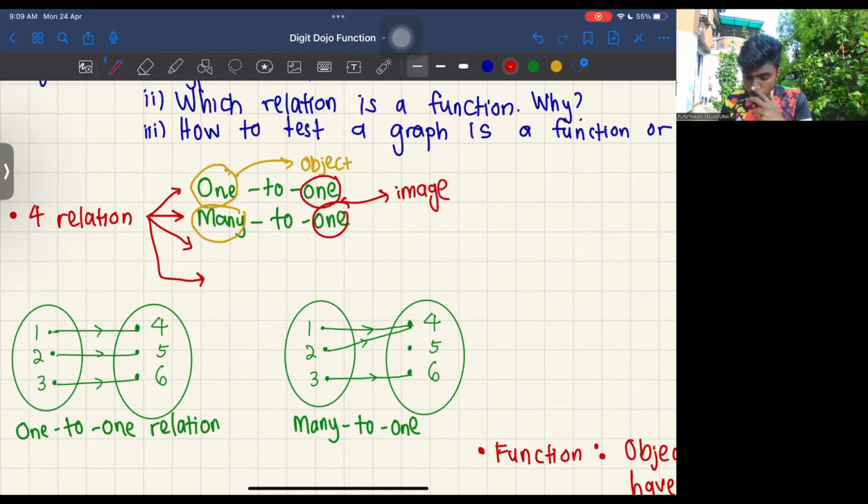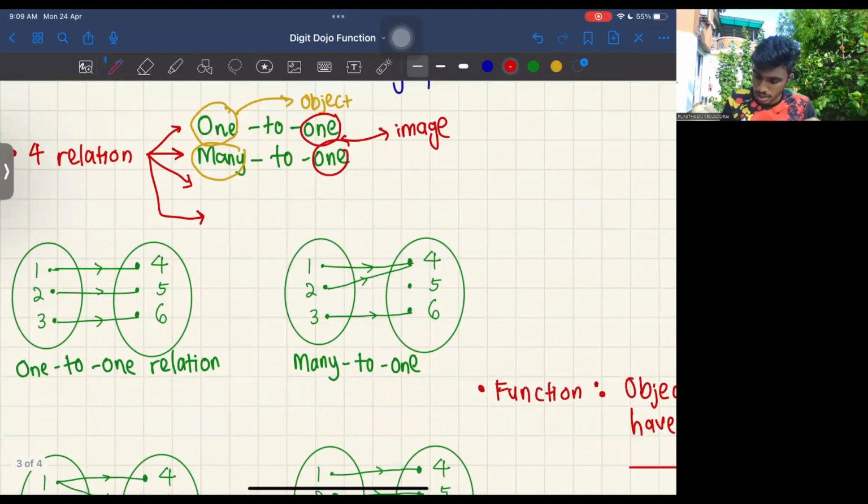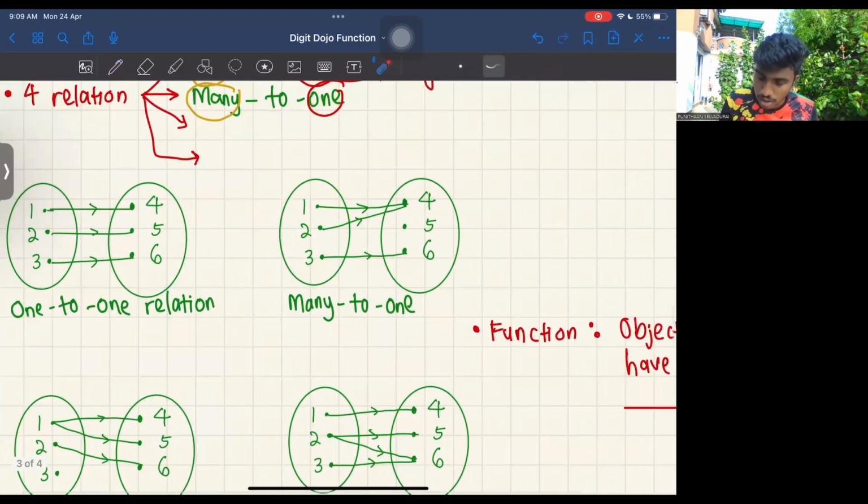So many to one means many objects are mapped into the same one image. For example here, 1 and 2 are mapped into the same image, 4, and 3 is mapped into 6.